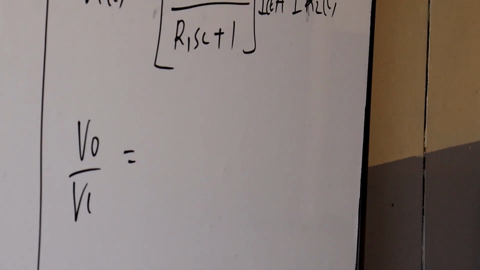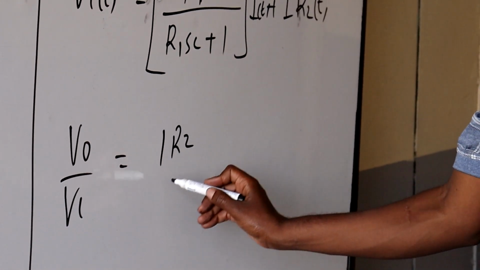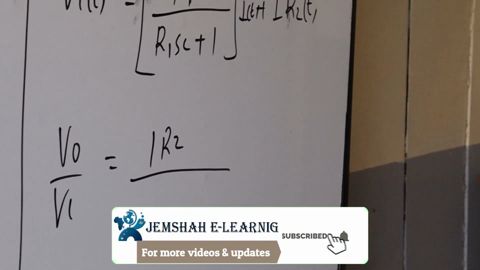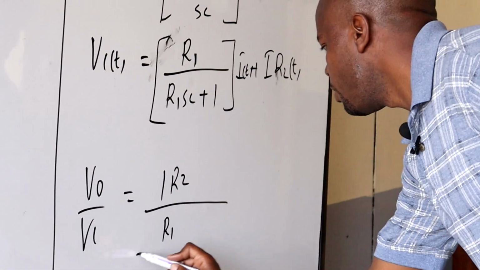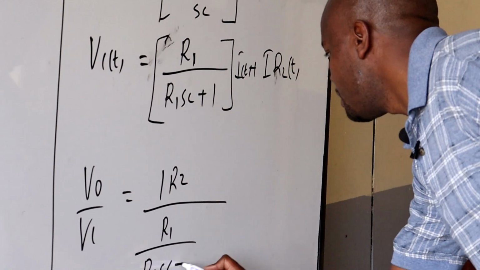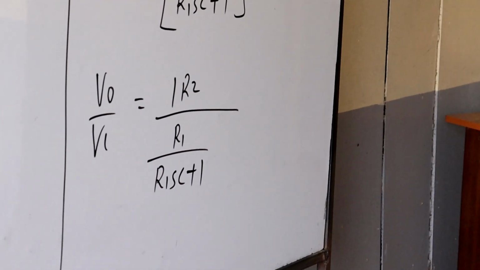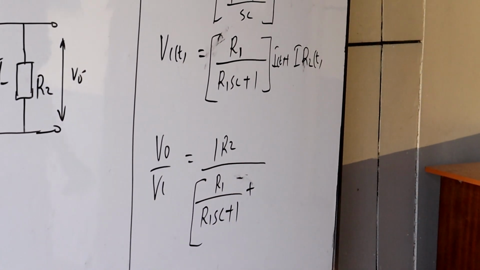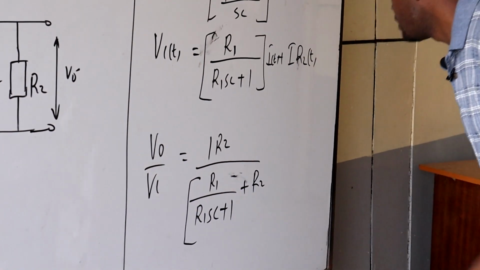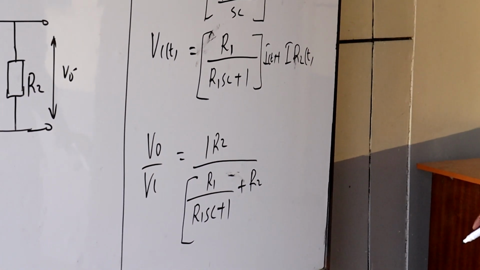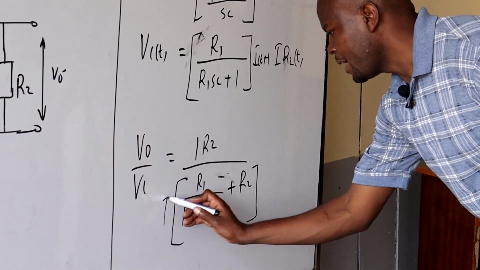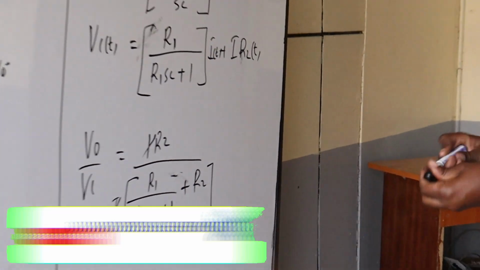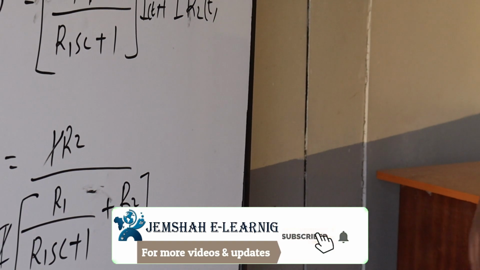Then if we do that, we are going to have I R2 all over the whole of that, all over R1 all over R1 SC plus 1, plus R2, then the whole of this one we can multiply by I, of which I is common to both, and therefore we can have that one simplified.